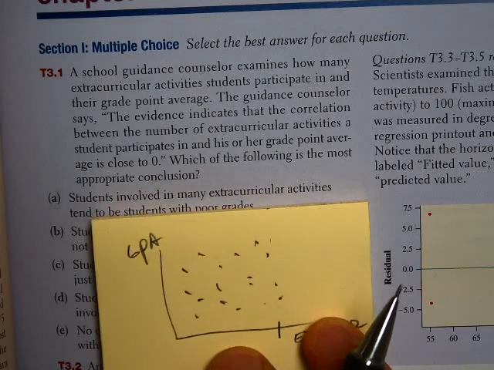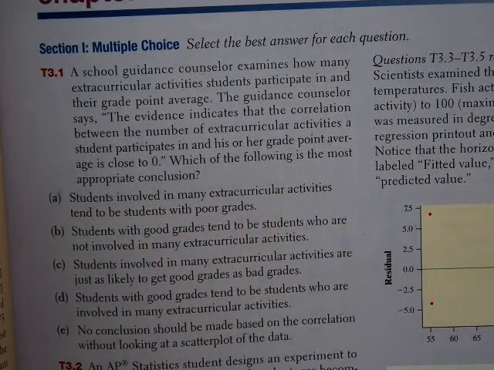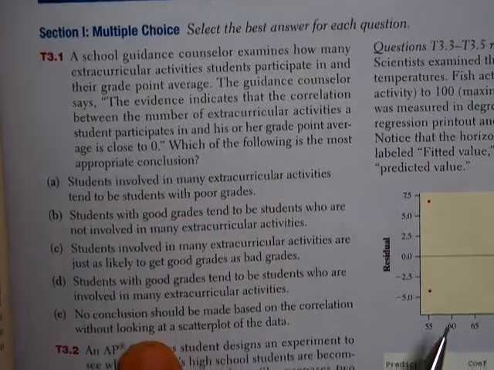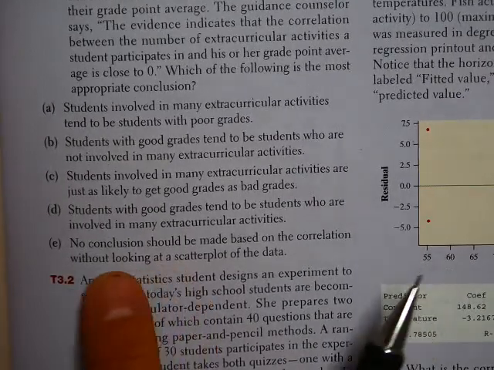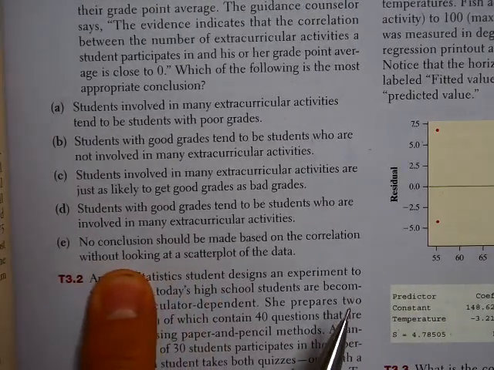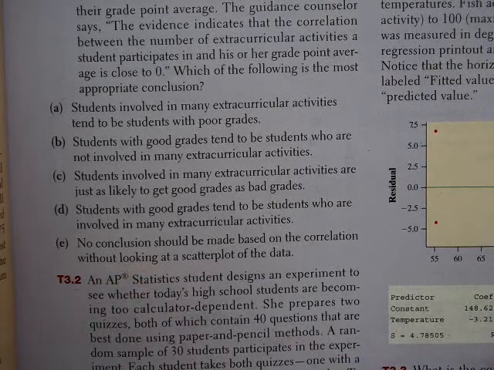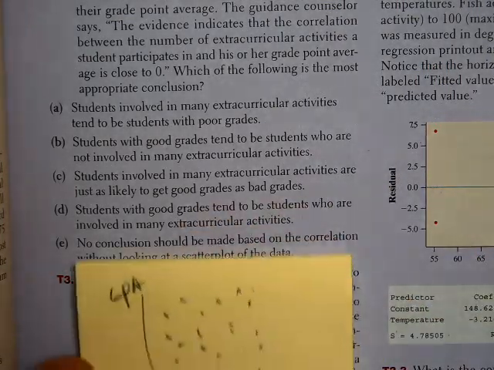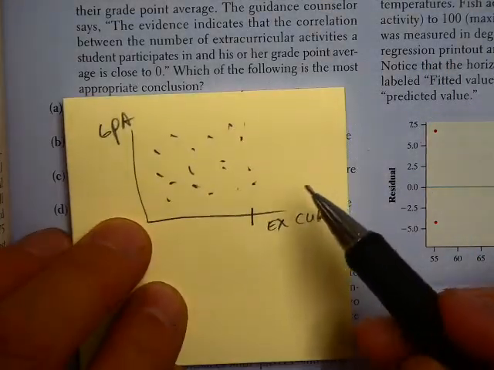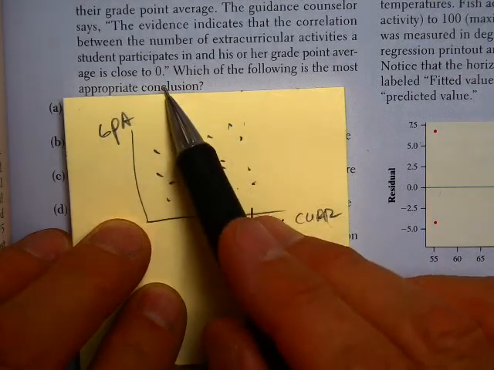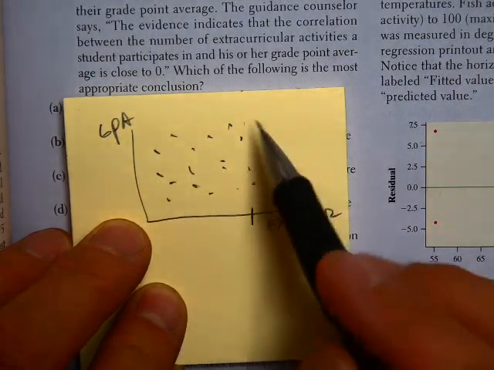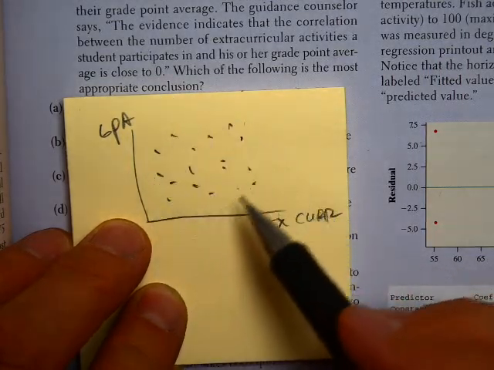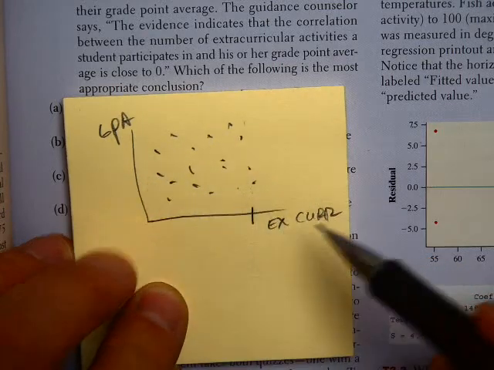So the best answer here would be that no conclusion should be made based on the correlation without looking at a scatter plot of data. Basically, if we've got a correlation close to 0, you don't have a positive or a negative slope to go off of.